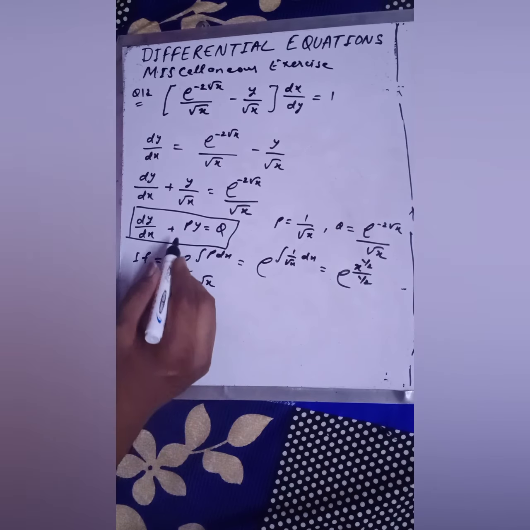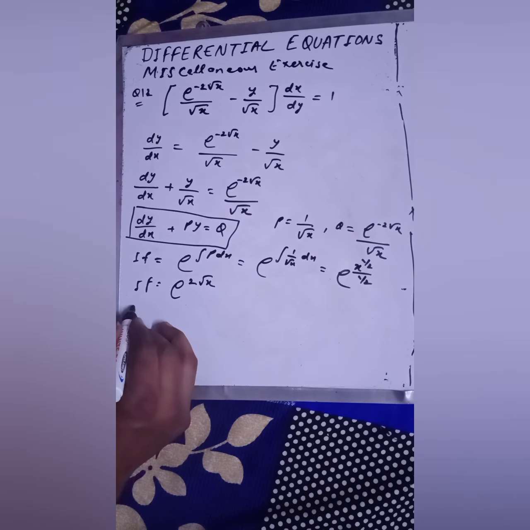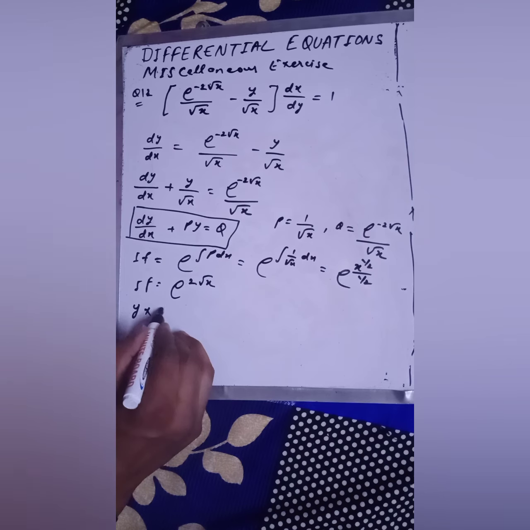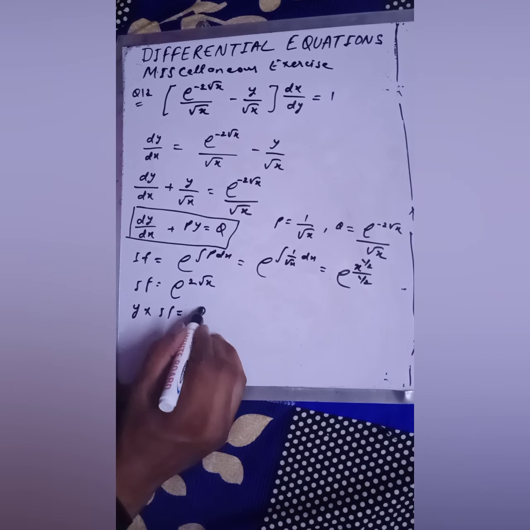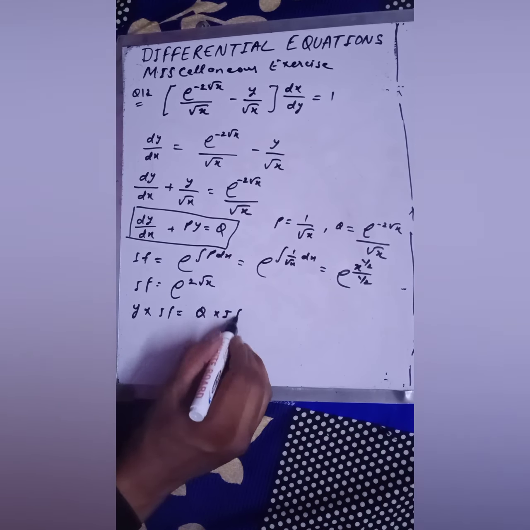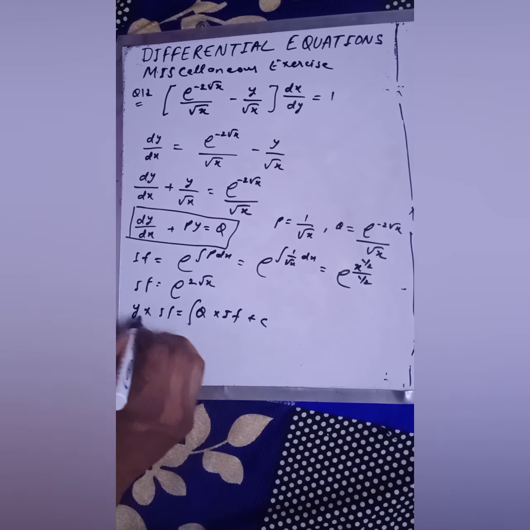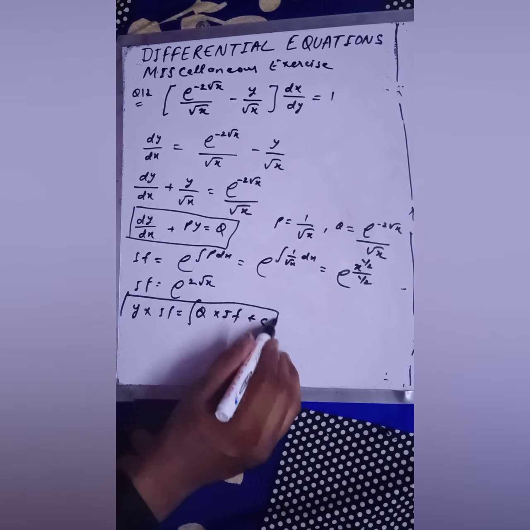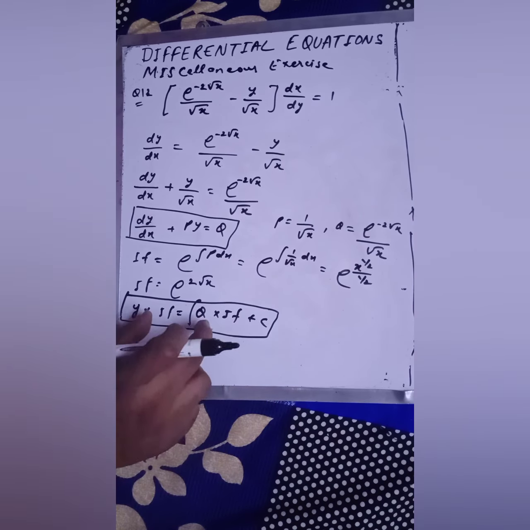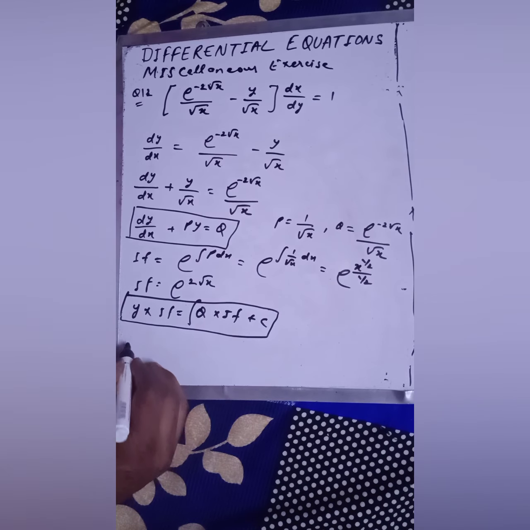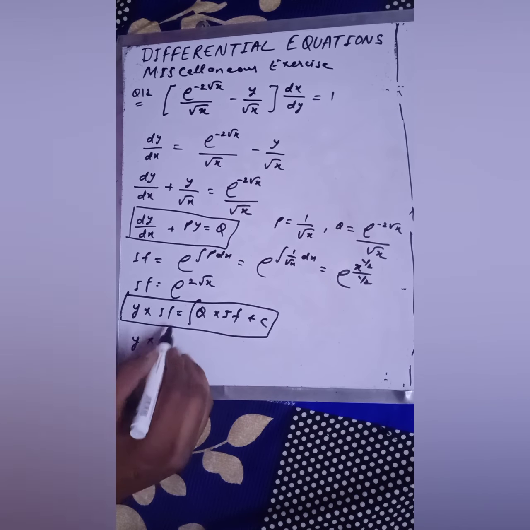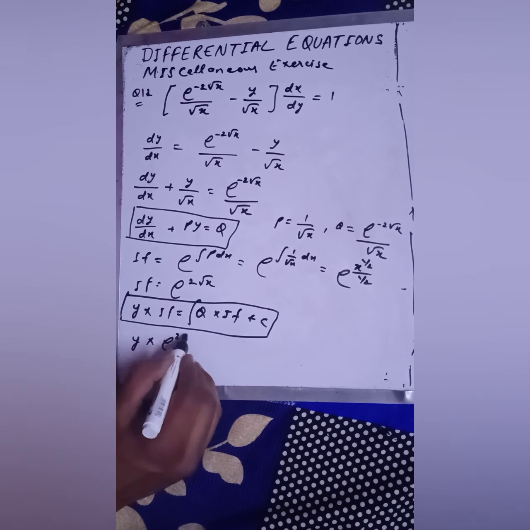So the general formula of this equation, here I am writing the general formula: y into IF is equal to integration of q into IF dx plus c. So this is the general formula. Apply this formula here. Your y will remain y. Your IF is e raised to power 2 root x.